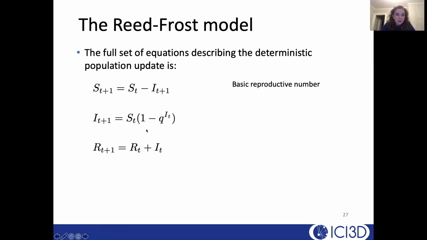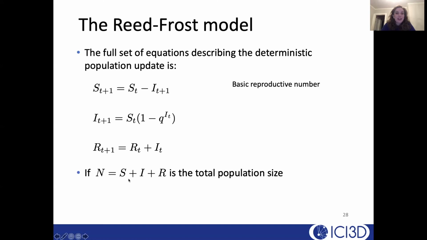But so we want to know the number of new infections caused by one infectious individual. So if we plug in 1 here, and if we have N equals S plus I plus R as the total population size, having an otherwise fully susceptible population means that we have one infectious individual and no recovered individuals at this point.